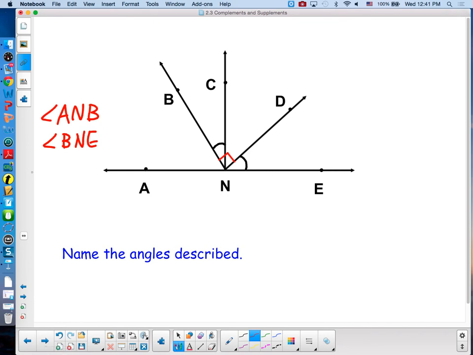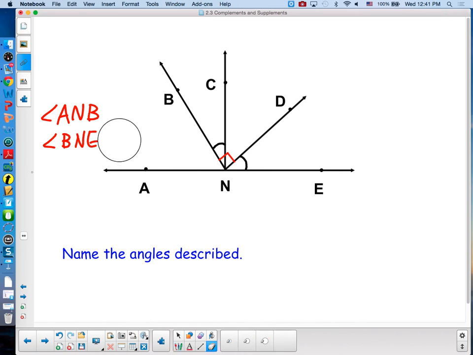A and B would be this angle. And then B and E would be that angle. What ray do they share? Ray NB, yeah, this side was a side of both of those angles. So it doesn't have to be just a small acute angle, it could be a bigger angle.